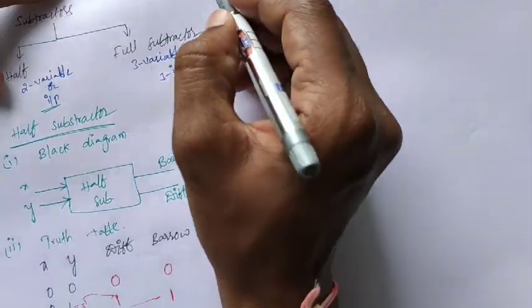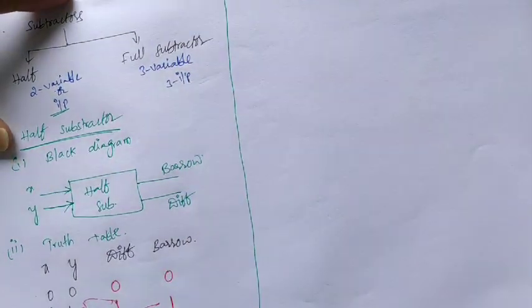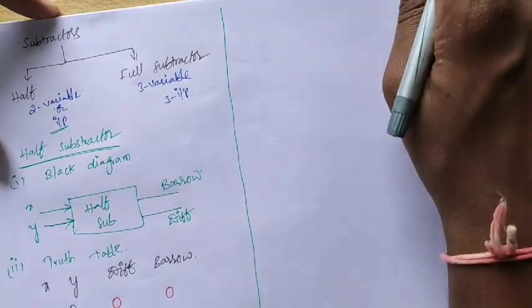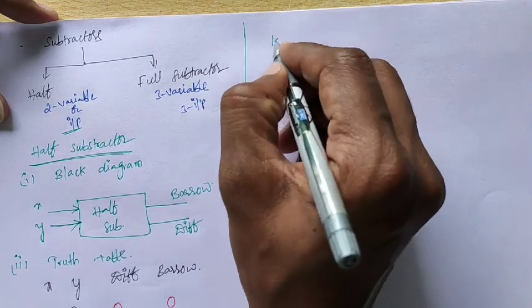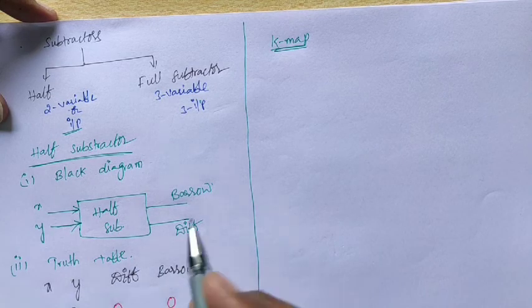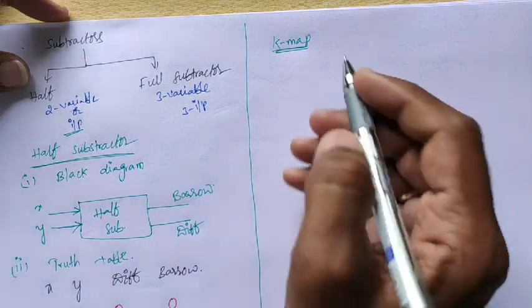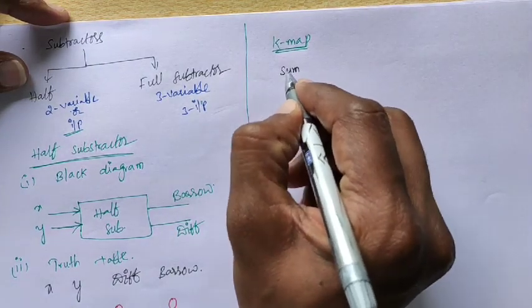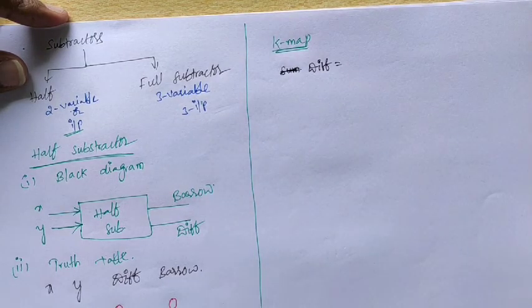Next, after the truth table, what is the next step? The third step is to find the output expression using K-map. Here it is a two-variable K-map, because there are only two inputs. For difference and borrow, when the output goes high, this is the 0th position, this is the 1 position, then 2 and 3, according to their binary numbers.